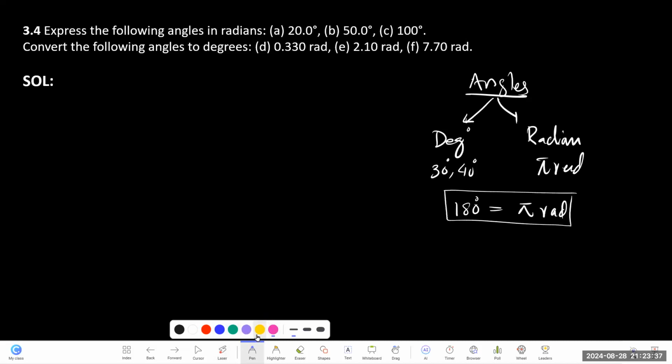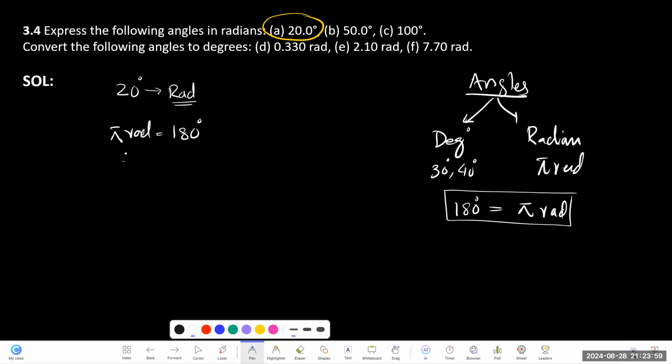So I want to convert a few of them. Let's start with the first one, A. Can we convert this 20 degrees into radians? Let's try. 20 degrees needs to be converted into radians, and we know pi radians equals 180 degrees.